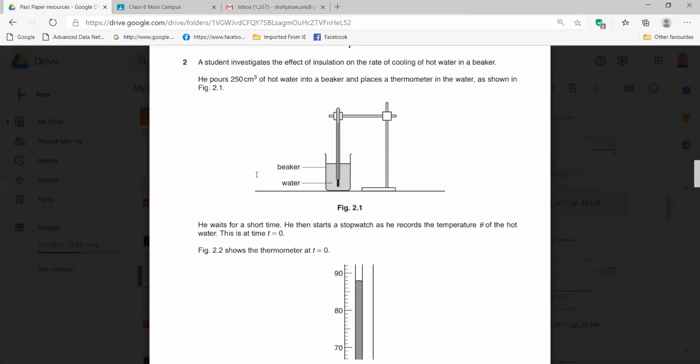Yes, melting point of ice is 0 degrees Celsius, and freezing point of water is 0 degrees Celsius.